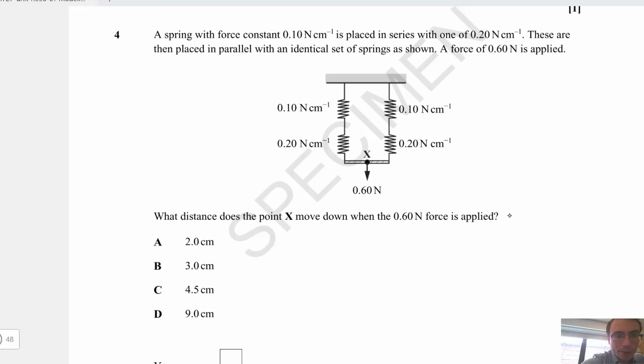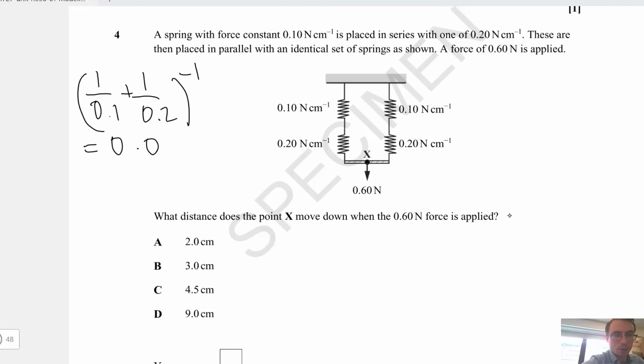So when the springs are in series, we're going to have 1 over 0.1 plus 1 over 0.2 raised to a power of -1. And this here will give me the total spring constant on the right. Let's put that into the calculator, so this here will give me 0.066 recurring newtons per centimeter.